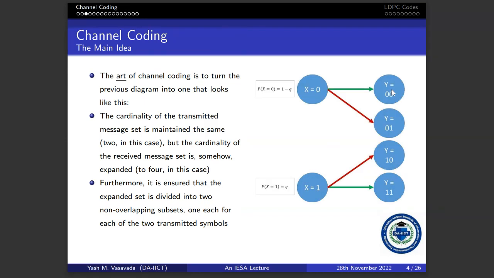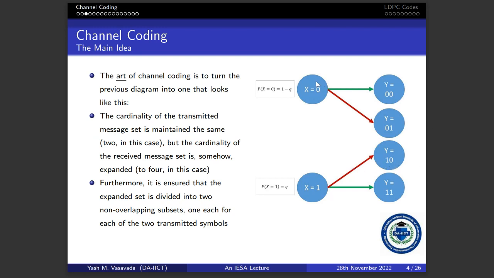But the receiver gets 4 possible outputs, not just 2. Let's say those 4 outputs are 00, 01, 10, and 11. And suppose we can somehow make sure that when bit 0 is sent, the receiver gets either 00 or 01, and when bit 1 is sent, the receiver gets 10 or 11.